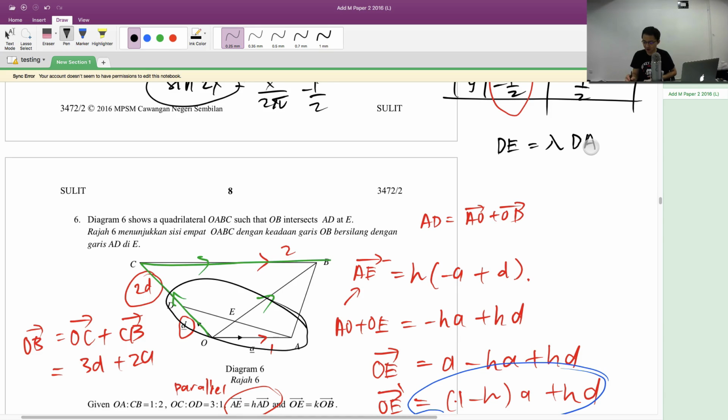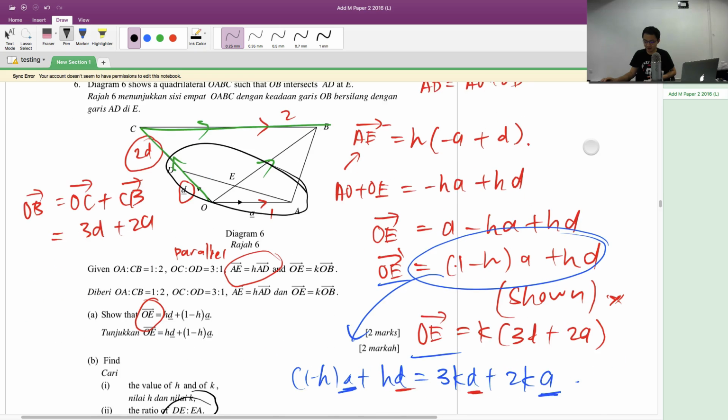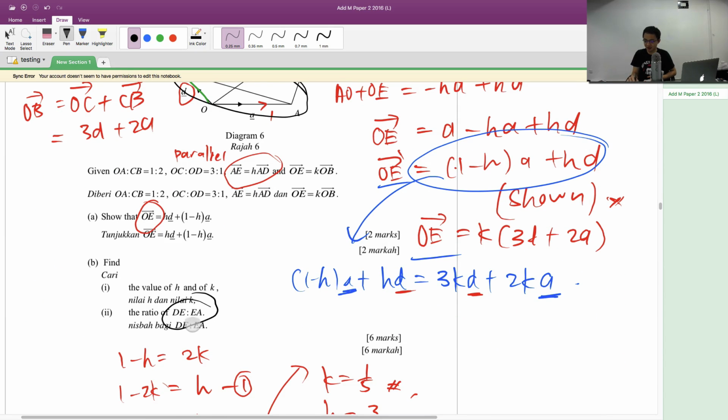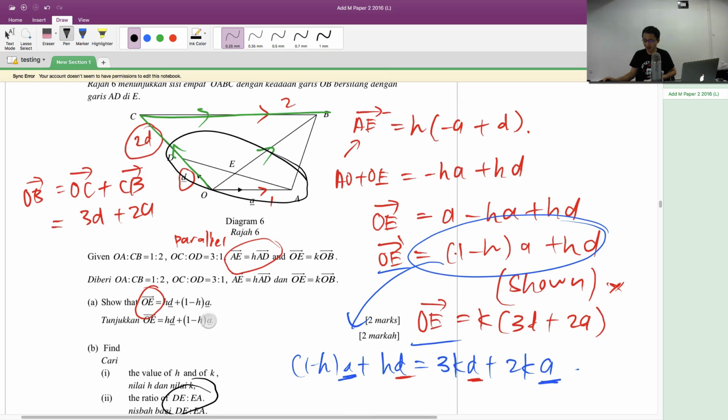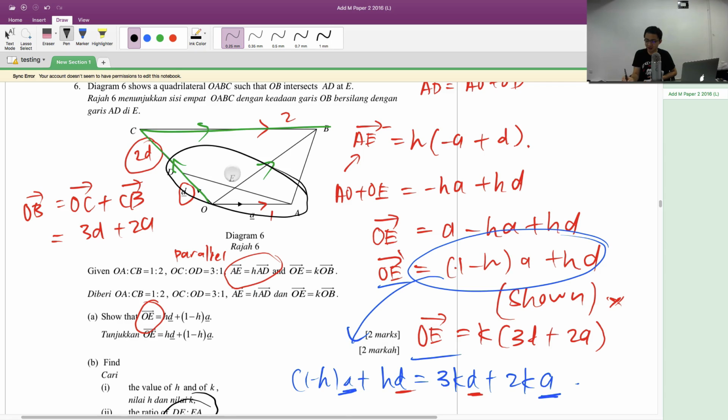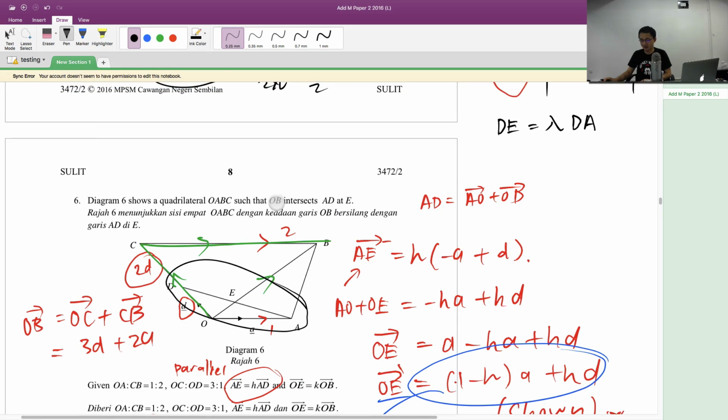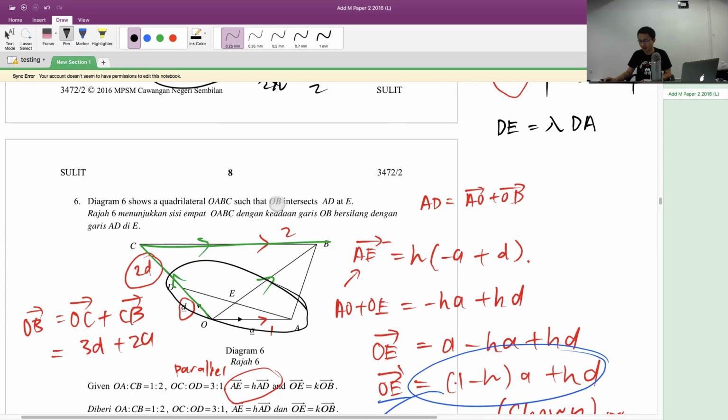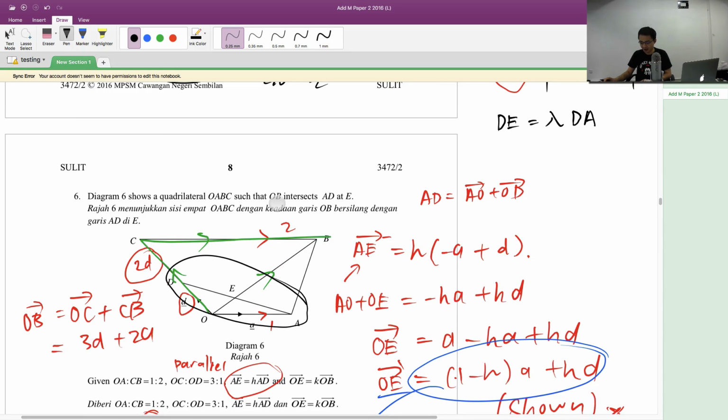If I use what is given here, DE ratio EA, I couldn't find DE and EA. Of course I can still solve the equation, but it will be hard.